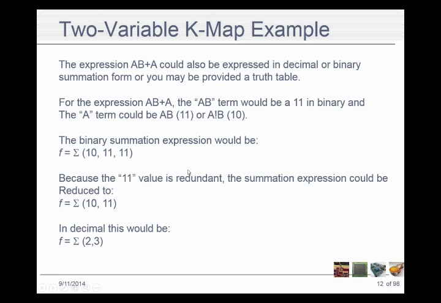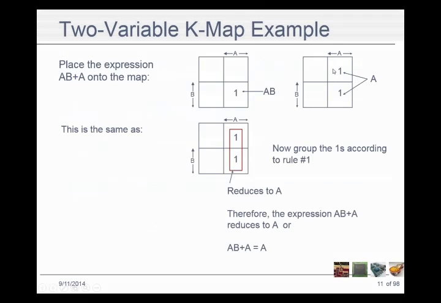I can see that here. The binary summation expression is you look at which ones had ones in their cells. So we have a 1 in this cell and a 1 in this cell. If you remember going back and counting, this is 0, 1, 2, 3, right?